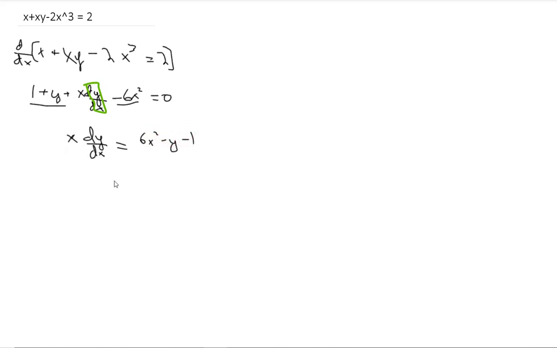Then you divide everything by x. dy/dx is equal to 6x squared minus y minus 1, all over x. So that's our answer here.